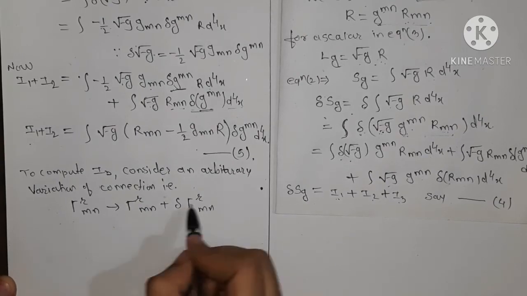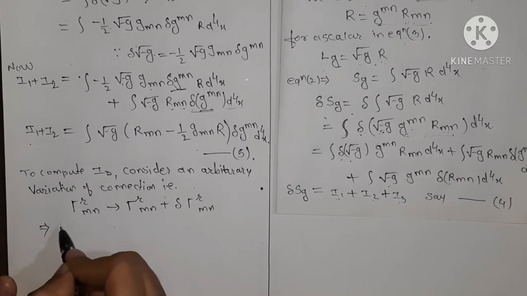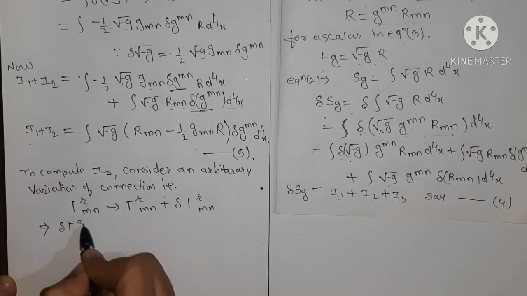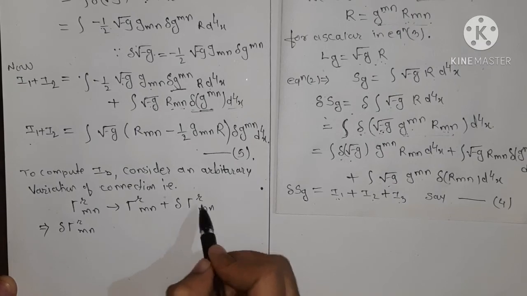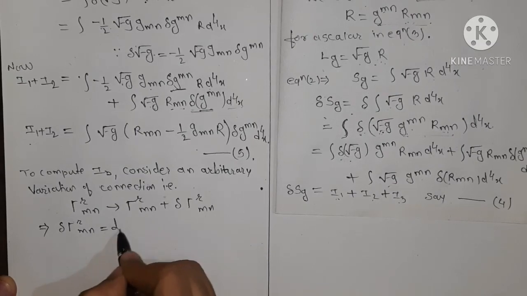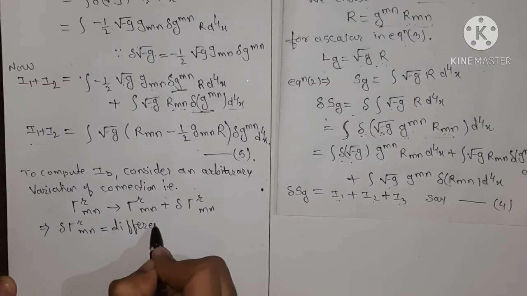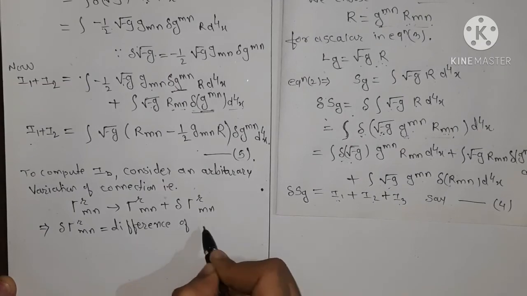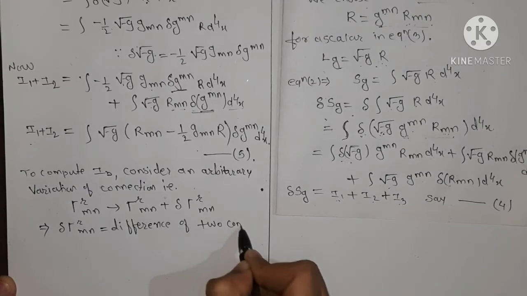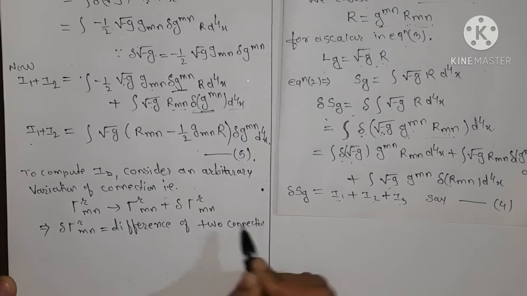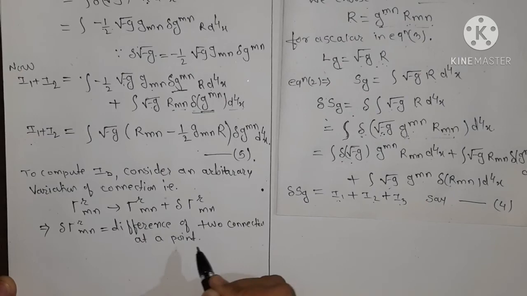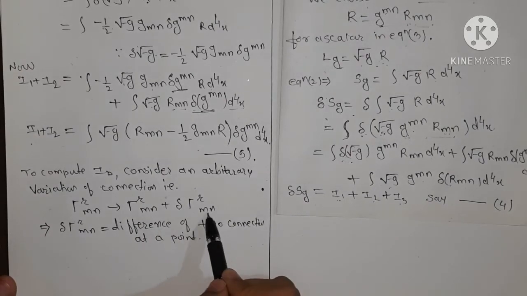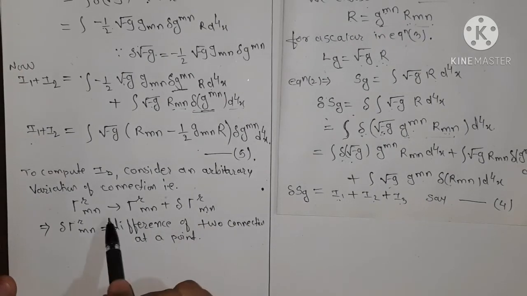So we consider this connection where delta gamma^r_mn is nothing but the difference of two connections at a point. That is, we are taking this delta gamma^r_mn as a difference of two connections.